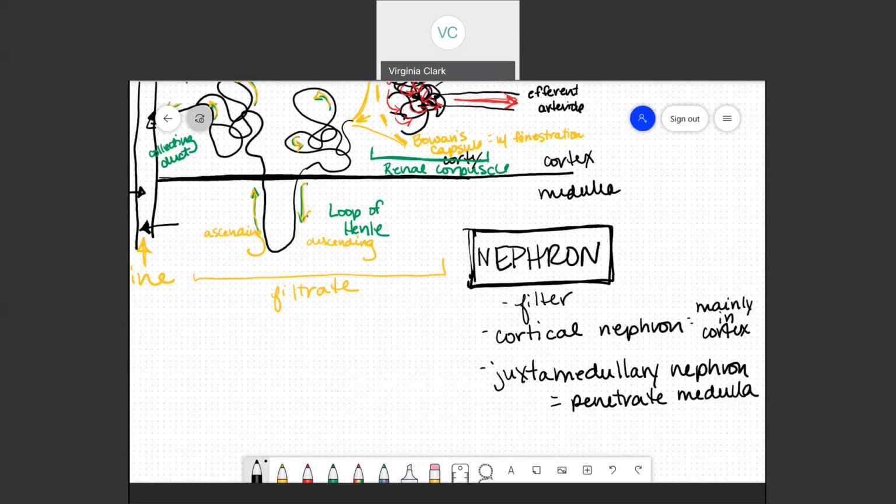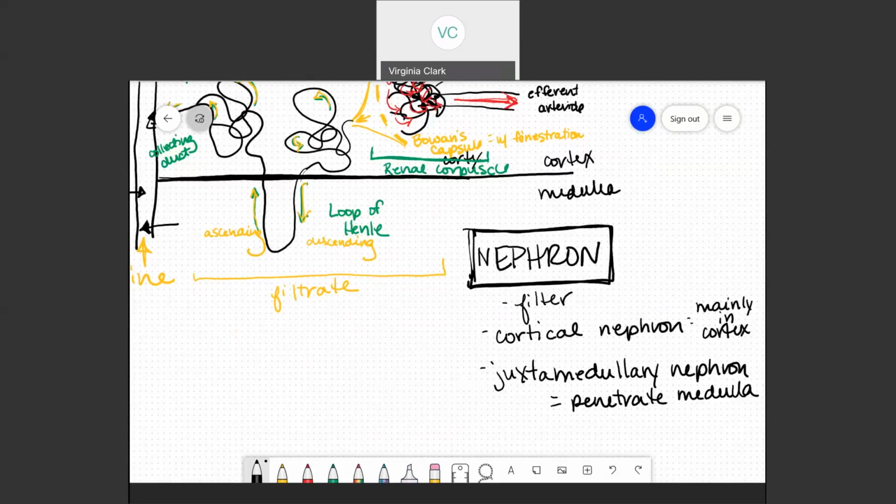Keep in mind the top part, the PCT, the DCT, and the glomerulus will be in the cortex. It's only the loop of Henle that will either come a little bit into the medulla, or it will come pretty deep into the medulla, and this would be this juxtamedullary nephron with a deep loop of Henle. I'm going to get rid of that.